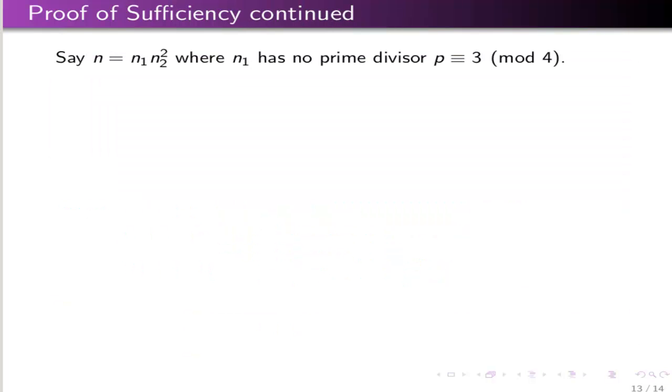So to prove the theorem then, we want to show that if we start with a number n of the form n1 times n2 squared, where n1 has no prime divisor congruent to 3 mod 4, then n is a sum of two squares.